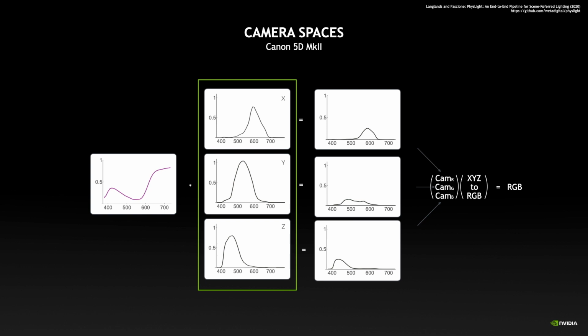So again, we take those curves, we get into camera RGB, and then instead of using the XYZ to RGB matrix, we will have a camera to XYZ and XYZ to RGB matrix, which we use in that. The advantage here is that you can simulate what a camera can see, which means that you really have the real deal there.